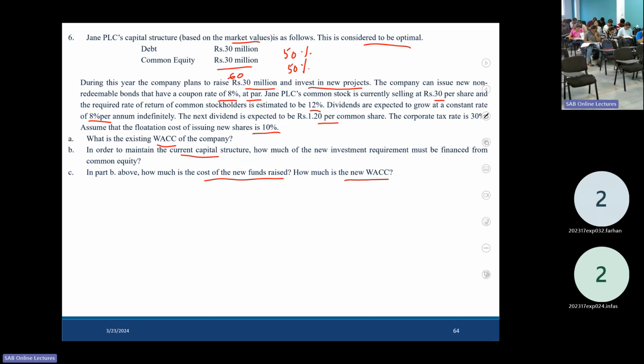Now you can look at this one, right? It may be better to understand this. The company can issue new unredeemable bonds that have a coupon rate of 8% at par. What is the hint included here to identify the cost of debt?